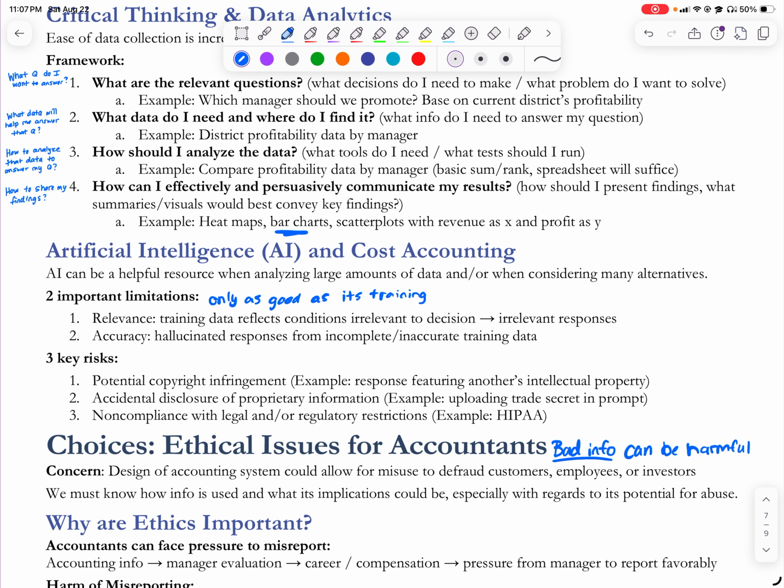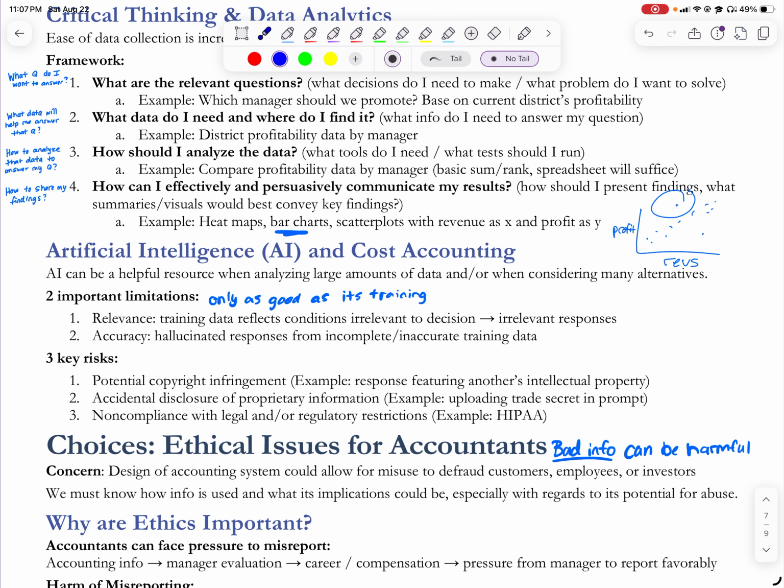Then there was one that was a scatter plot with revenues being X, profit on Y. So here it's also kind of juxtaposing the relationship between profits and revenues. It's like I have this outlier up here where the revenues are lower, but their profits are higher than many of them with much higher revenues.